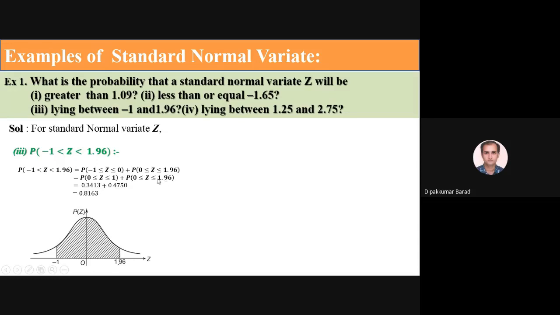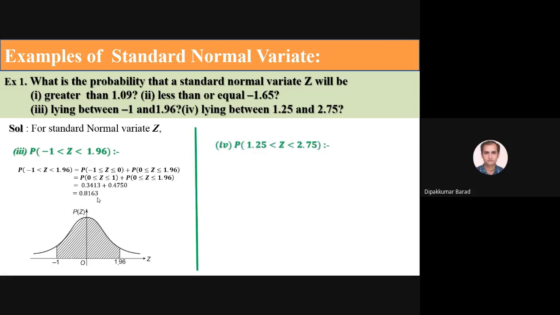First look for 1.9, and then in the column 0.06, so you get the value 0.4750. The sum of this is 0.8163.